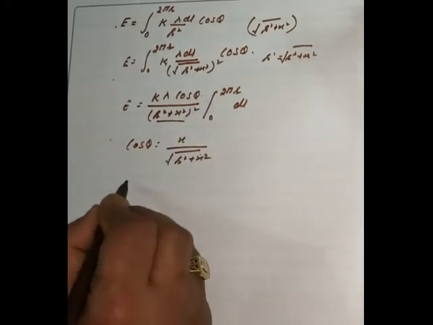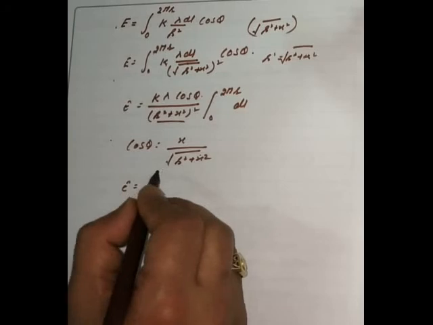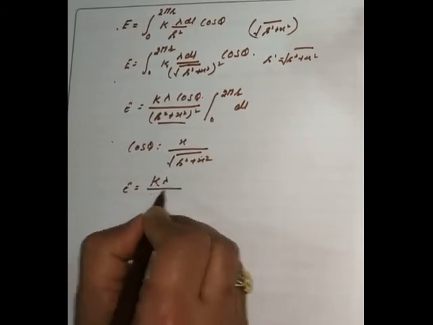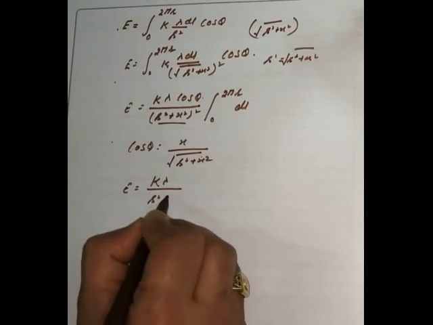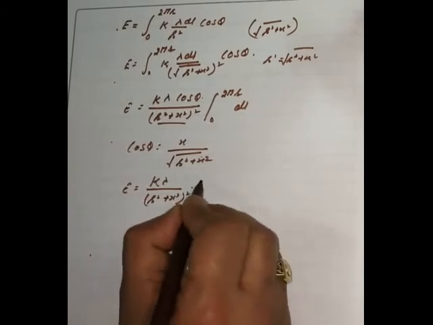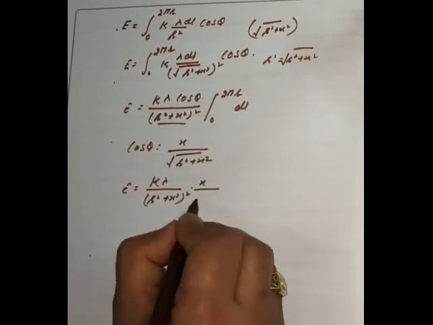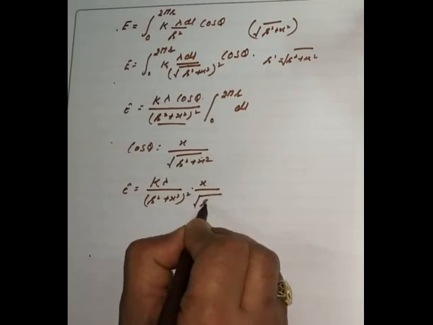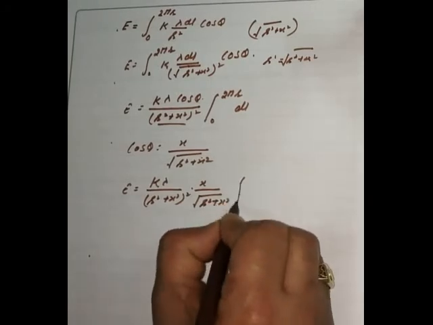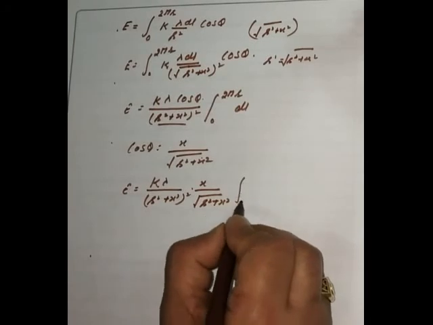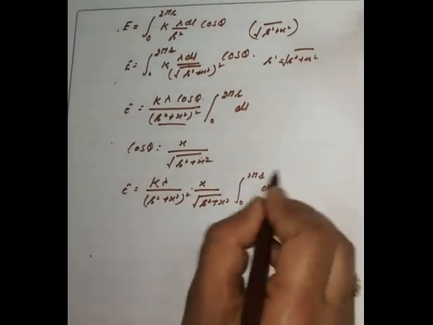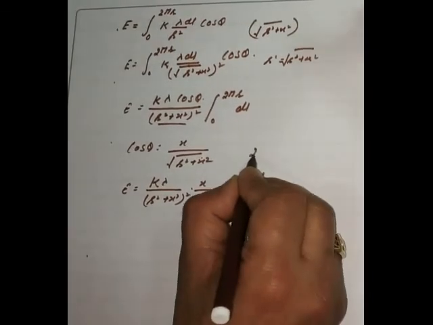So electric field E will become k lambda upon r square plus x square whole square, x upon under root r square plus x square, integration of 0 to 2 pi r dl, or you can solve the integration of dl, it will become 2 pi r.